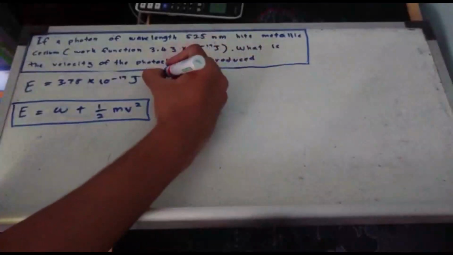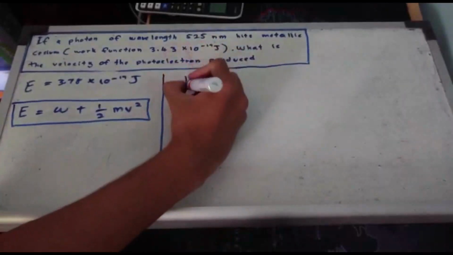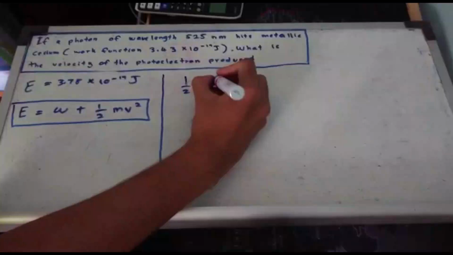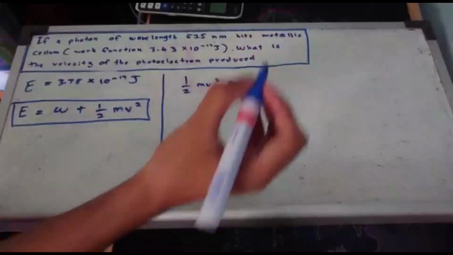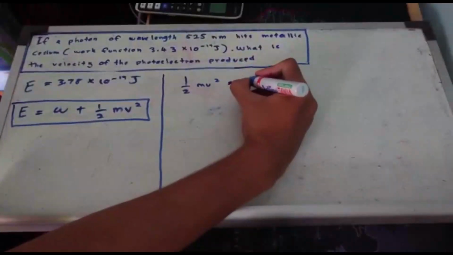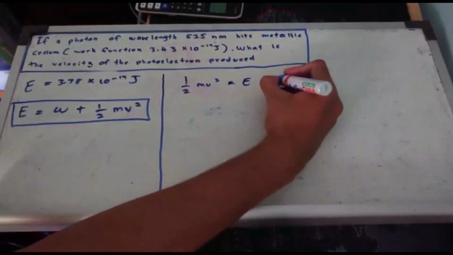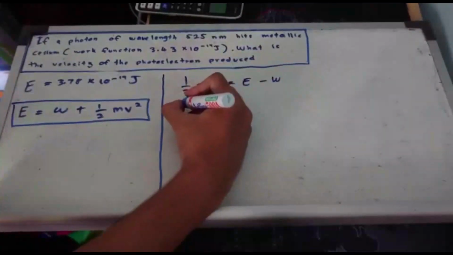So we arrange the equation into kinetic energy equal to photon energy minus its work function.